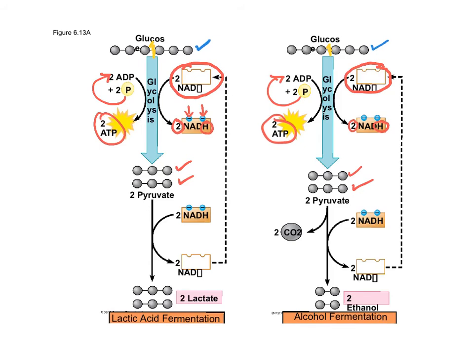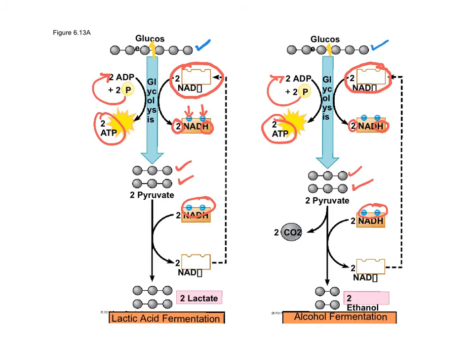Remember, the trick is we need to figure out where these electrons go. There's no oxygen to take those electrons from NADH, but we have to recycle NADH to NAD, the enzyme, so the process can continue, right? So this is where we start to see some differences.